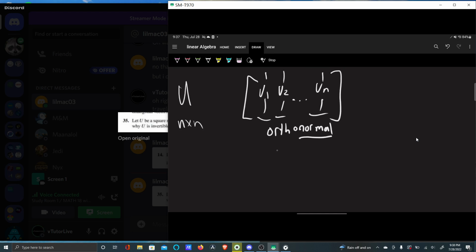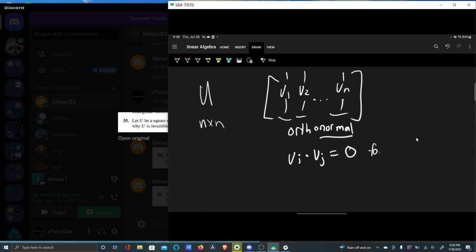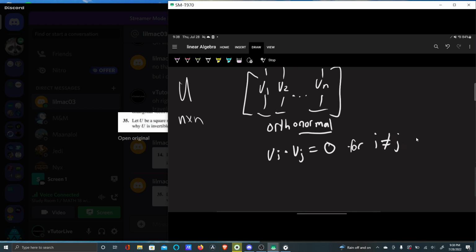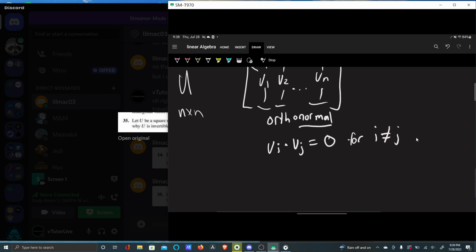But what we do know is that vi dotted with vj is equal to 0 whenever i is not equal to j, so any two, the dot product is 0. Let's try to think about whether we can use this fact to guarantee that there are no non-trivial linear combinations.